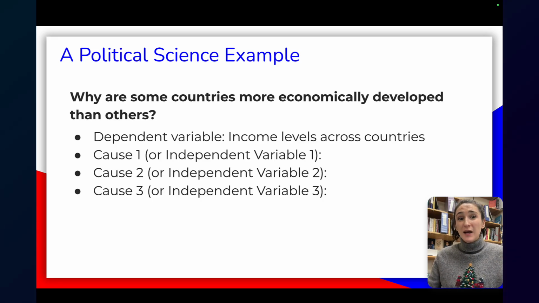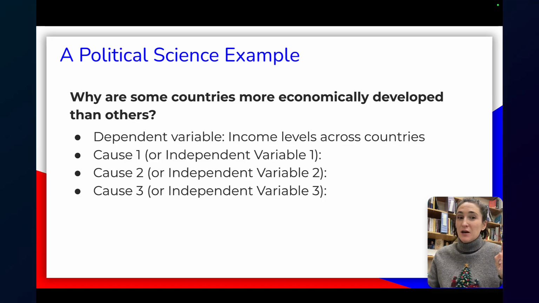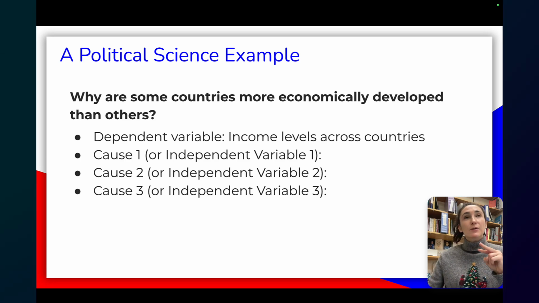There are a variety of reasons that you can have different income levels or different levels of GDP per capita across countries. For instance, you can see whether a country is a colonizer or not, or whether they were colonized. You can think about the level of natural resources that they have. You can think about their access to trade routes, particularly if they're on oceans or waterways.